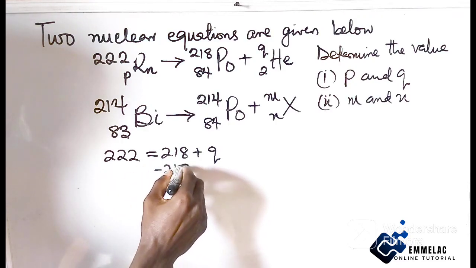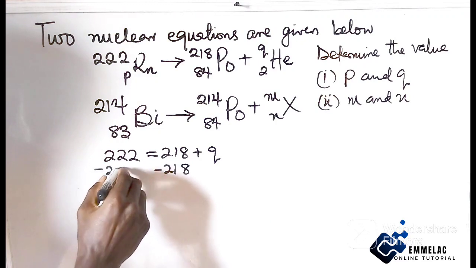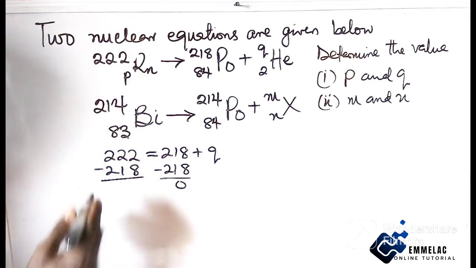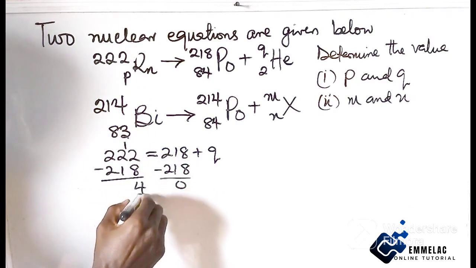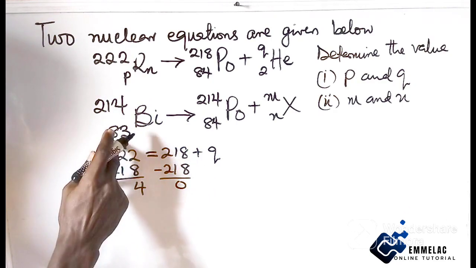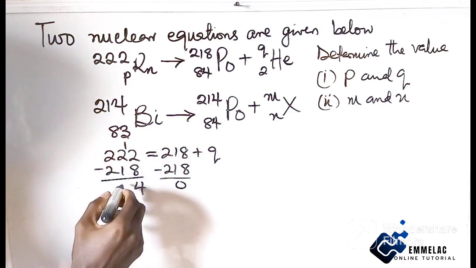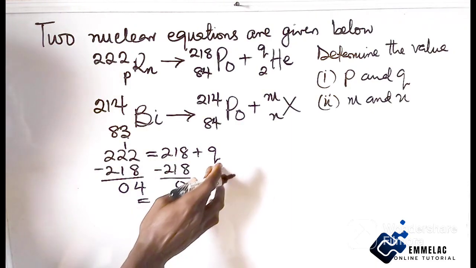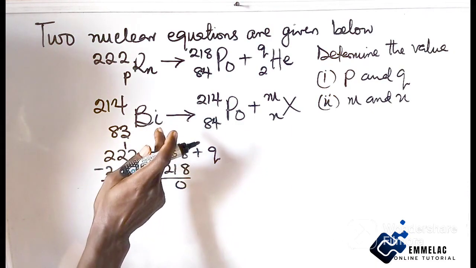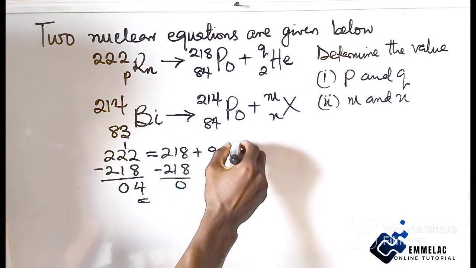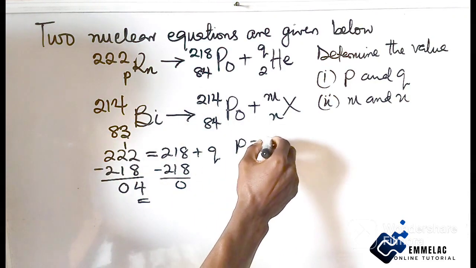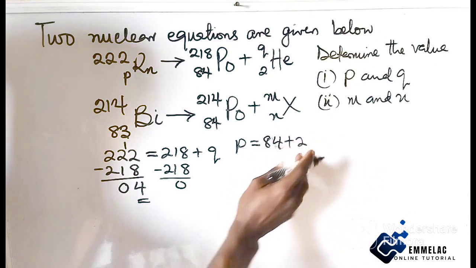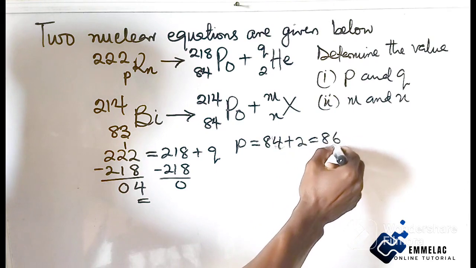This minus 218, and here minus 218, will give us 0. Then here we have 12, this is 4, and this is 1, rather you have 0. So here you have 4. So Q here is 4. Then for P, here we have that P now equals 84 plus 2, and this will give us 86.